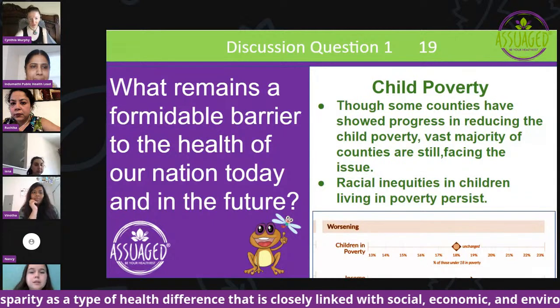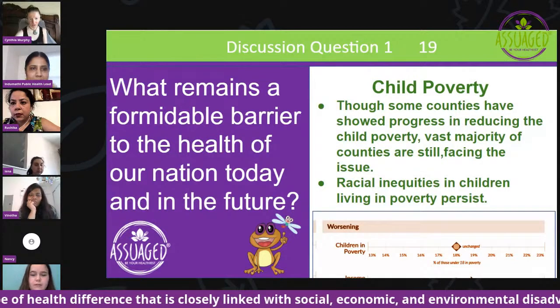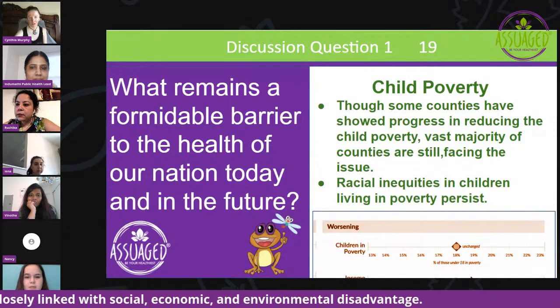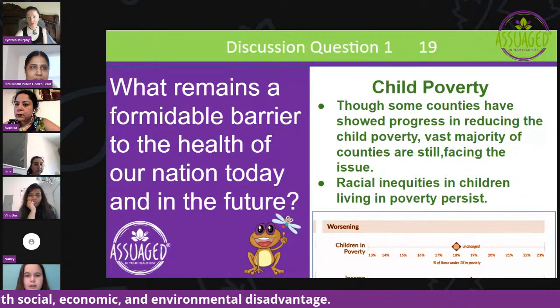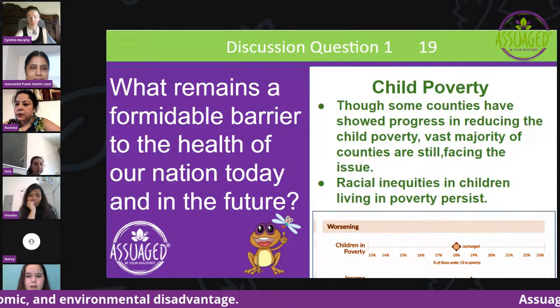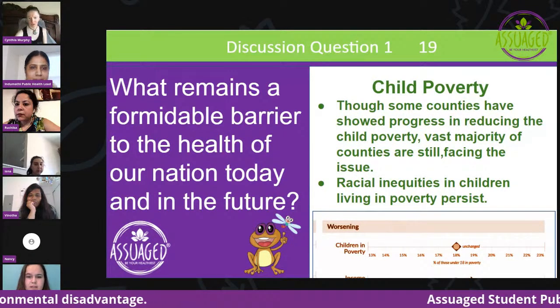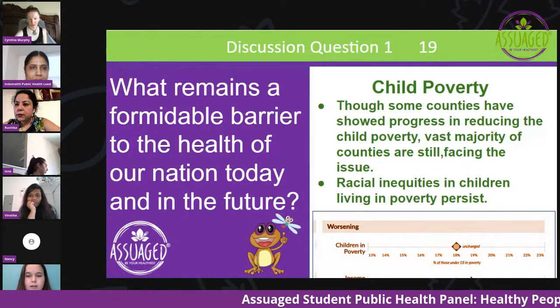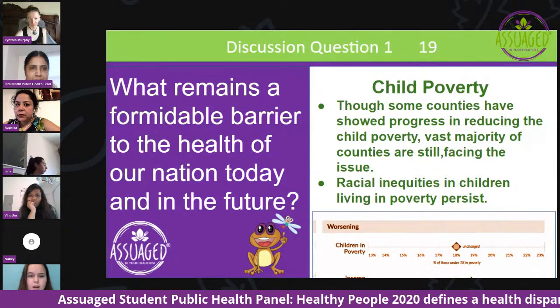I would say child poverty is definitely a big barrier that we've been facing. Some counties have shown that they've been reducing child poverty, but many counties still face this, and child poverty is definitely related to racial inequalities.